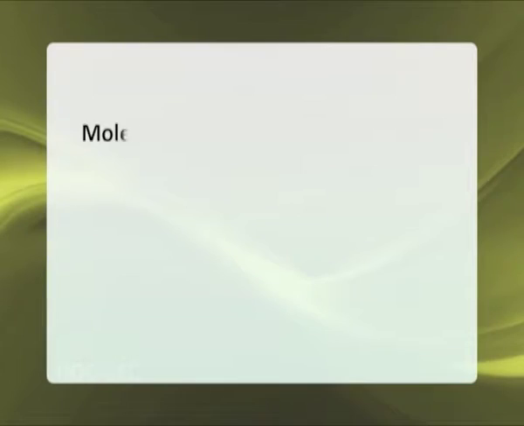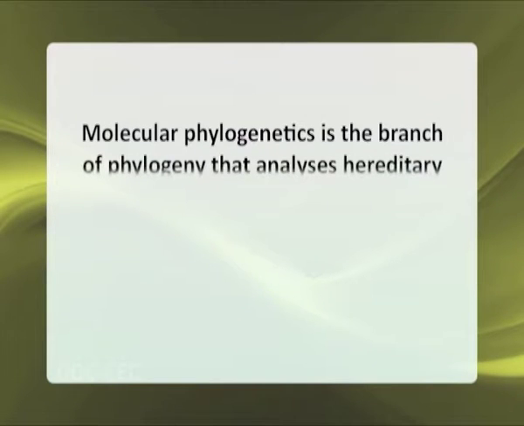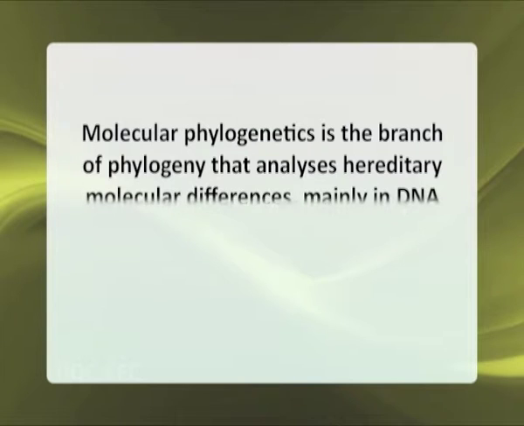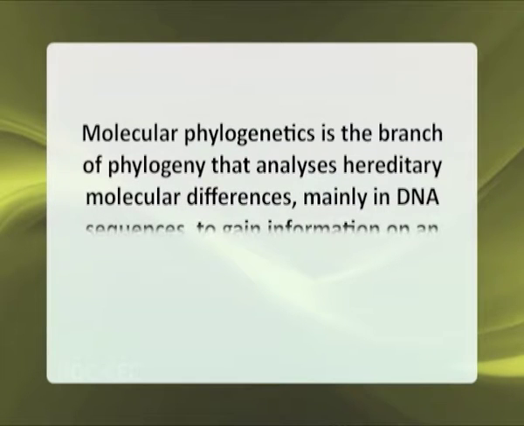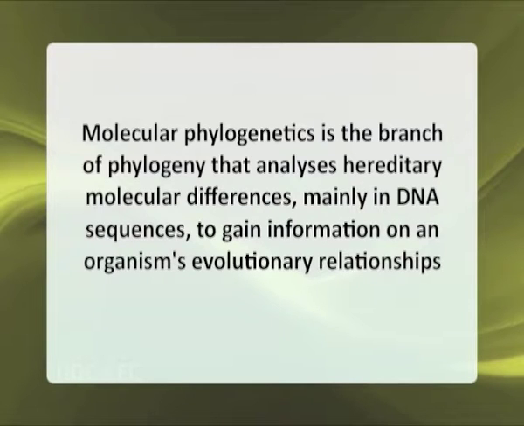Understanding this unexplored genetic diversity is a high priority issue. Therefore, a plethora of biochemical and molecular methods have been applied to reveal the microbial community. Molecular phylogenetics is the branch of phylogeny that analyzes hereditary molecular differences, mainly in DNA sequences, to gain information on an organism's evolutionary relationships.